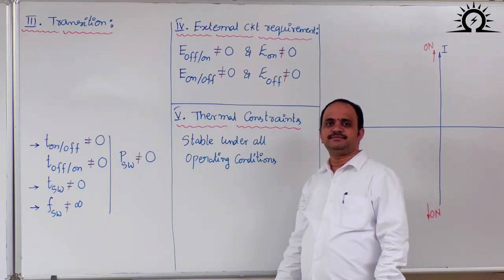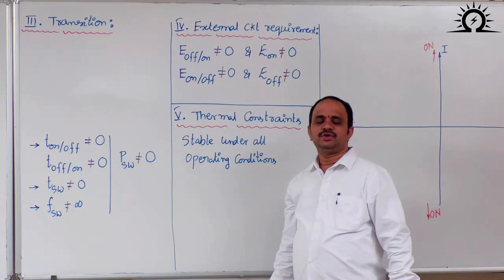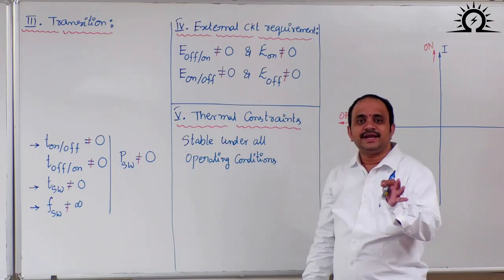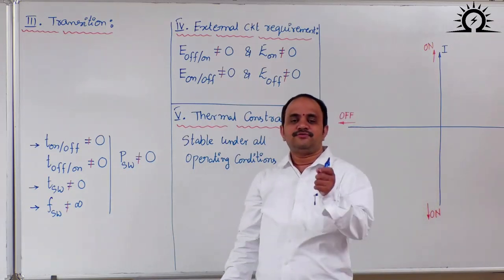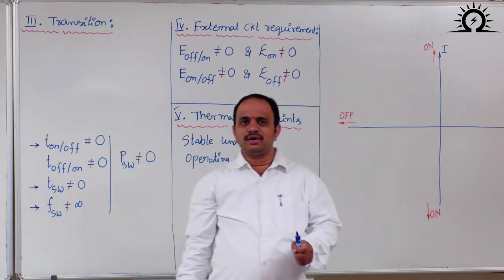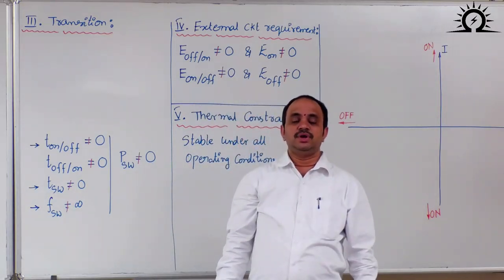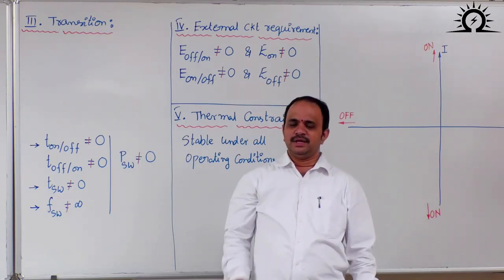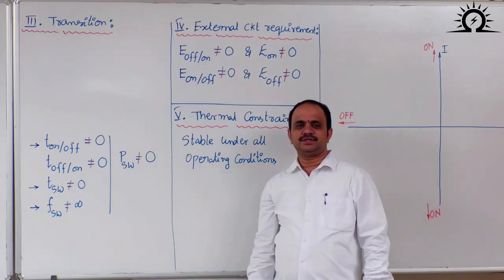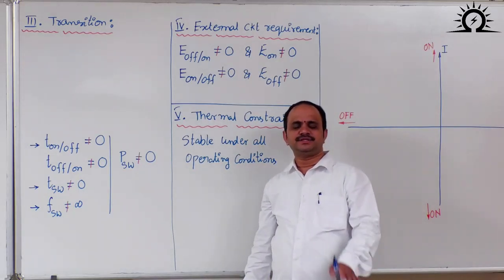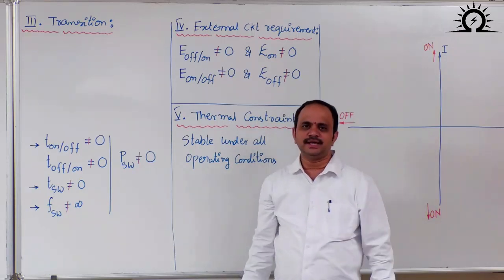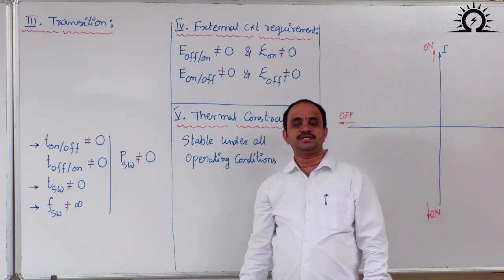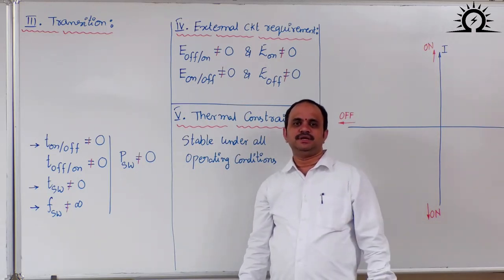That external mechanism to provide energy to turn on the switch is called triggering circuit or firing circuit or base drive circuit or gate drive circuit. These are the different terminologies. If you are using a thyristor, the terminology is triggering circuit or firing circuit, or you can also call it a gate drive circuit. MOSFET, gate drive circuit. BJT, base drive circuit. IGBT, gate drive circuit.